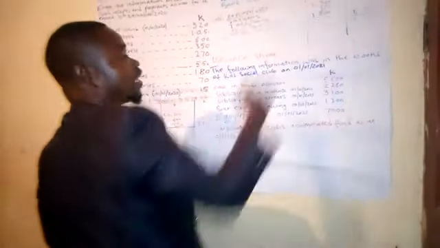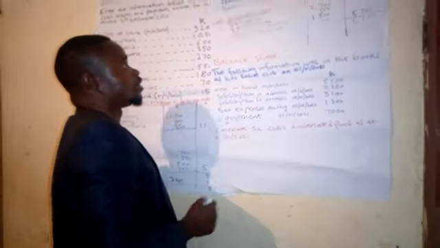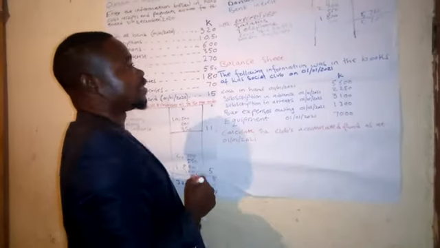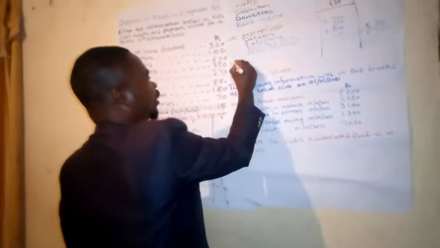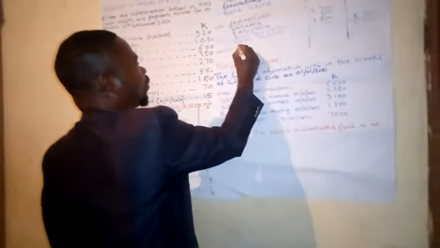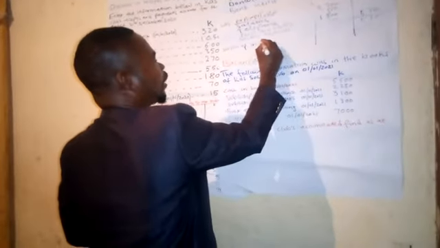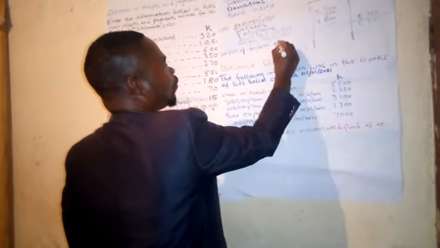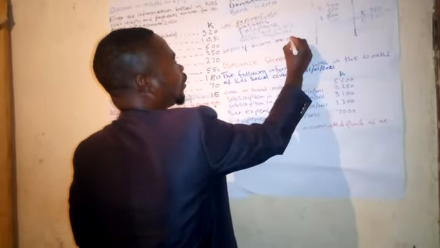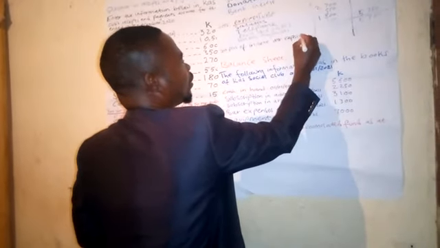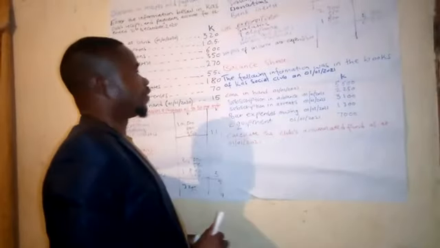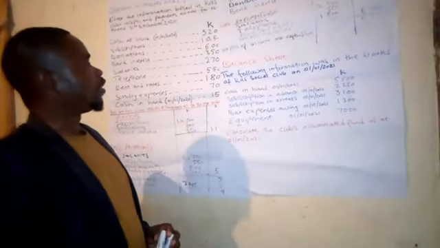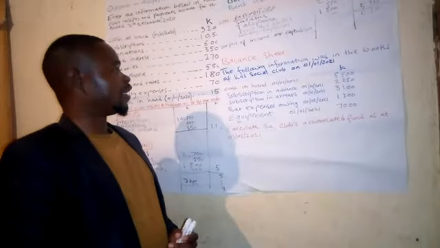So what you have here is what we refer to as the surplus of income over expenditure, which is equivalent to the net profit for profit-making organizations.